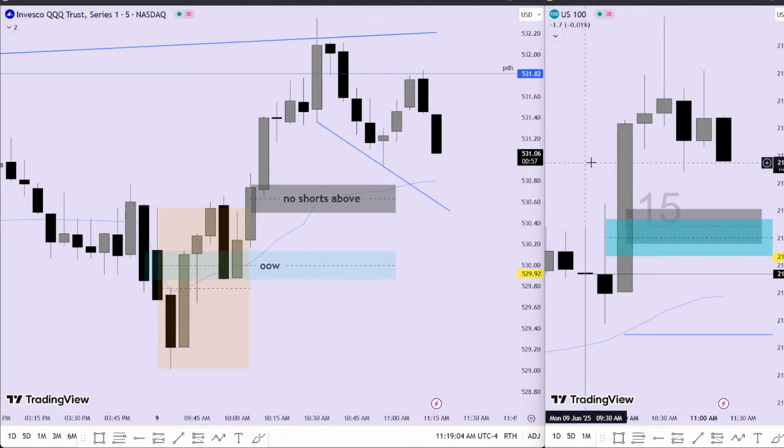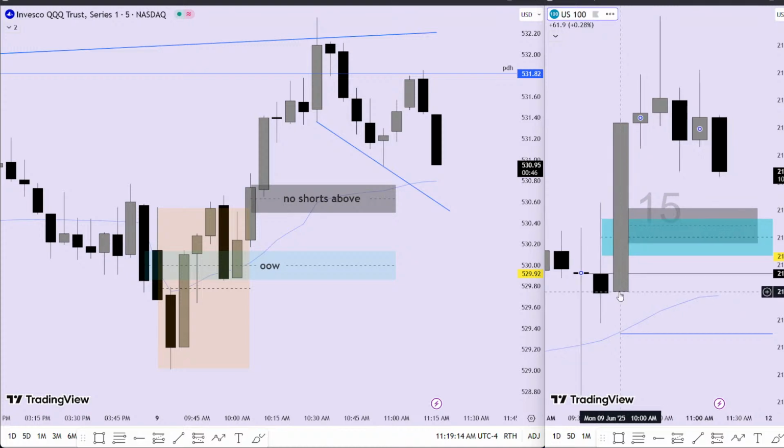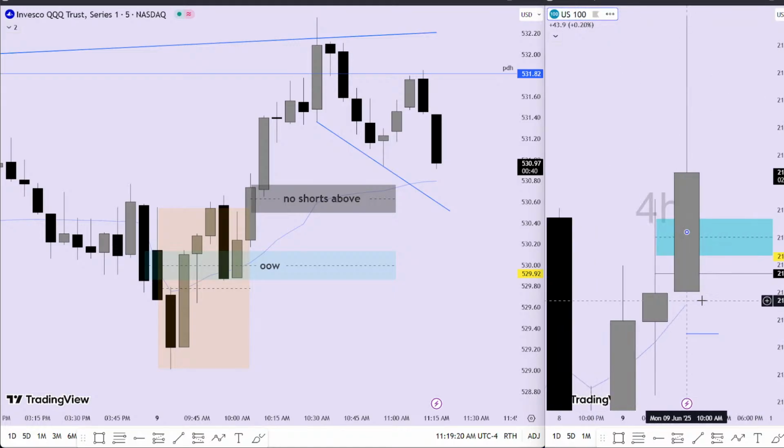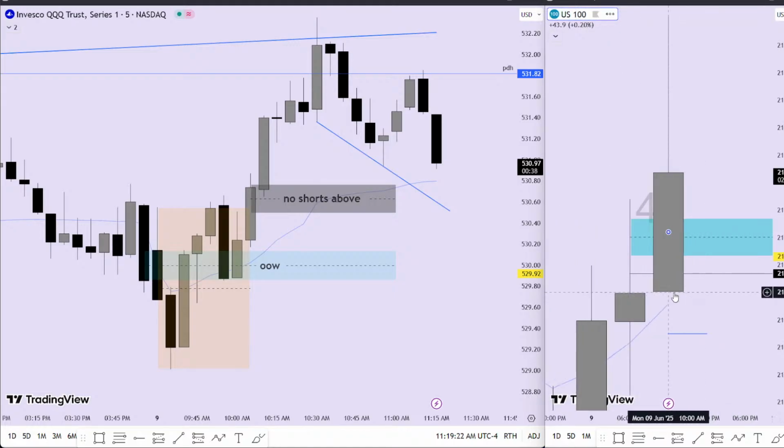And what is the flaw in this overall criteria? The only flaw in this overall criteria is this point. You see this 10 o'clock. If you go to the 4 hours time frame, the moment 10 o'clock opened, it never even ticked down and moved straight up.